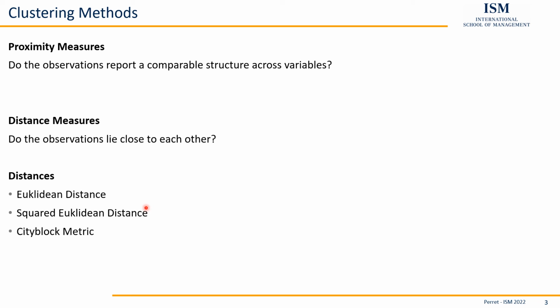Alternatively, I could use something like the city block metric, which would then mean I consider not the direct line, but more or less the distance on one dimension and on the other dimensions, and always add this up. So this is like an absolute perspective on distances. It's like the three most common ones. Of course, again, I have quite a lot of other approaches there as well.